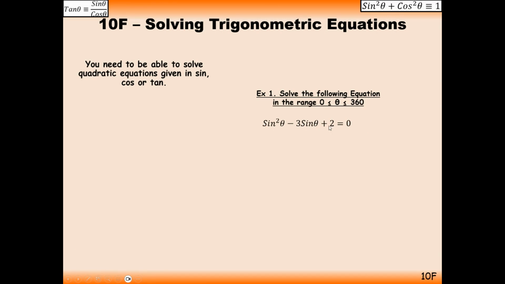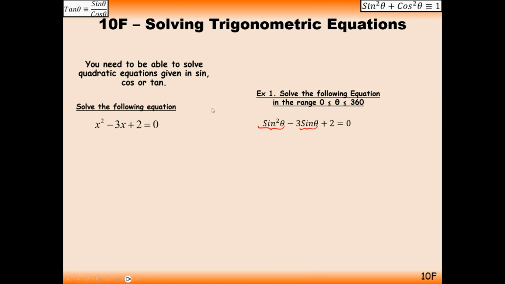Now, this simply looks like a quadratic equation to me. Let's replace sine theta with some other simpler variable like x. That's the same as solving that equation there, x squared minus 3x plus 2. Notice all these squares on sine theta means just a square on x.